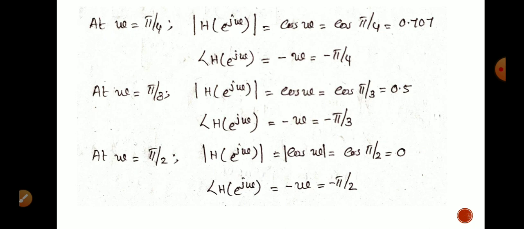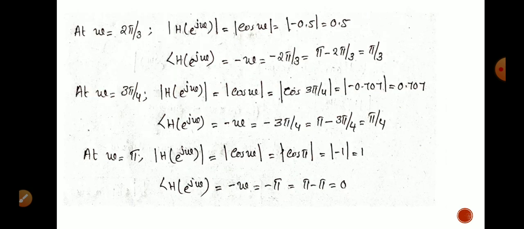At omega equal to pi by 3, magnitude value equal to 0.5 and angle equal to minus pi by 3. Similarly, at omega equal to pi by 2, we get magnitude as 0 and angle as minus pi by 2. At omega equal to 2 pi by 3, magnitude is given as 0.5 and angle as pi by 3.